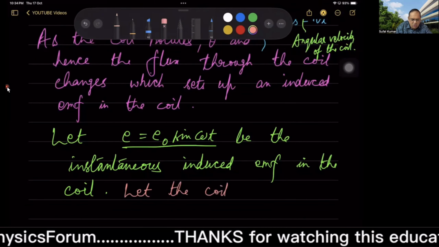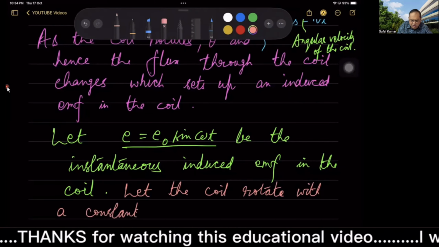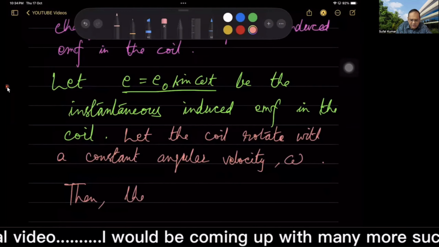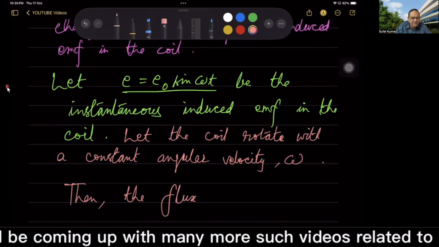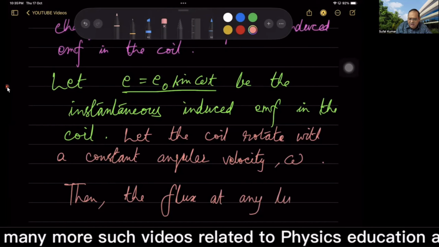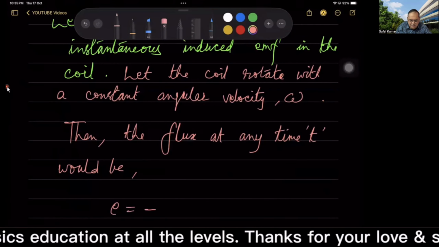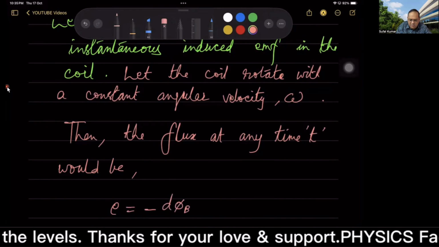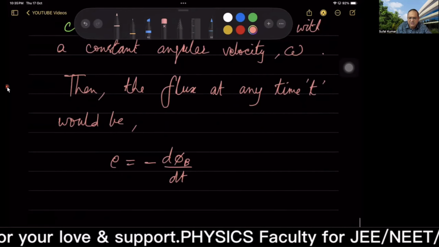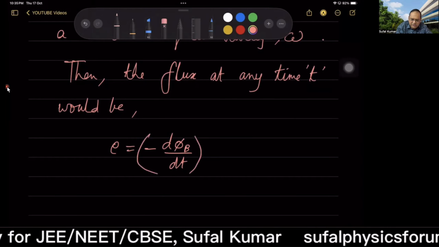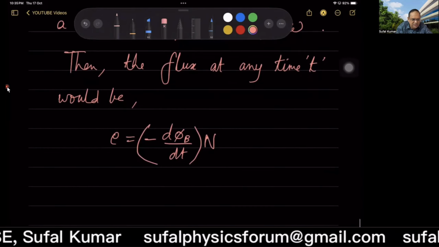Let the coil rotate with constant angular velocity omega. The magnetic flux at any time t gives E equal to minus d phi B upon dt, that means the rate of change of flux with respect to time. Obviously, N would be the number of turns.